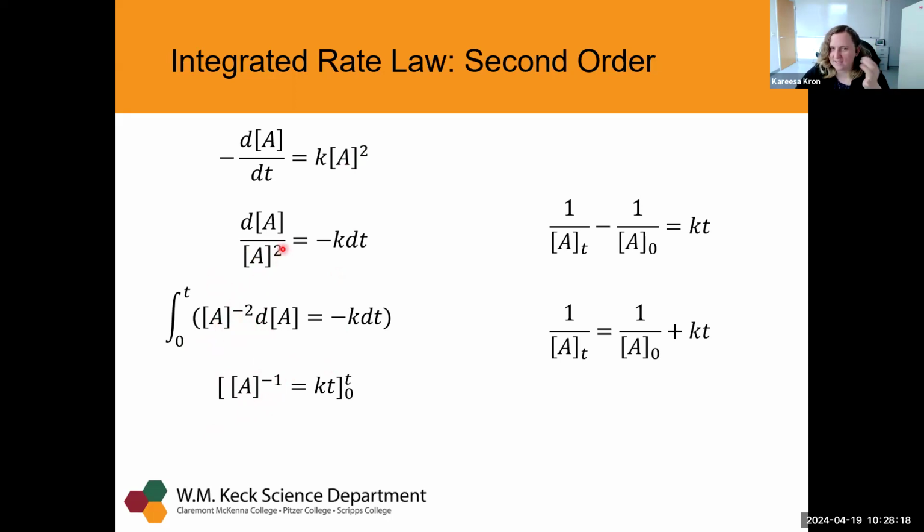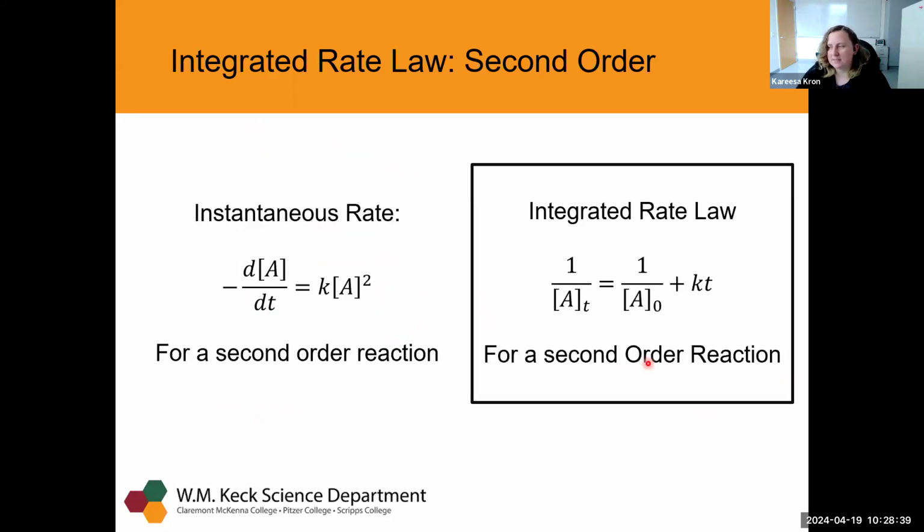And if we change this to a third order reaction where you have negative d[A]/dt equal to k[A] cubed, then down here it would be A to the negative 2 divided by 2. And so this allows us to do higher order integrals as well. But we're going to just focus on the second order integral because it's interesting and it's data that we can practice plotting.